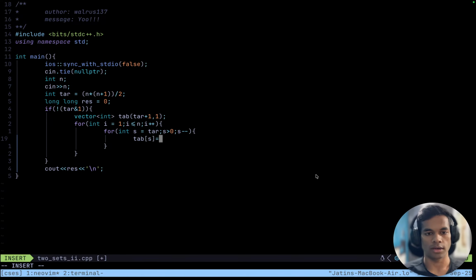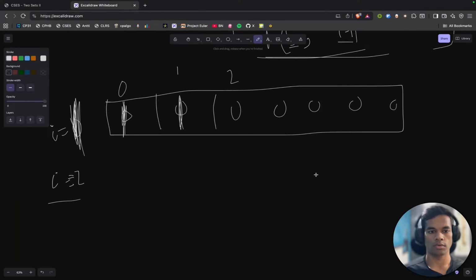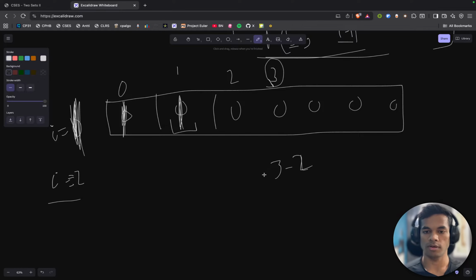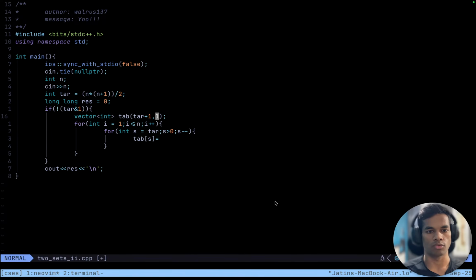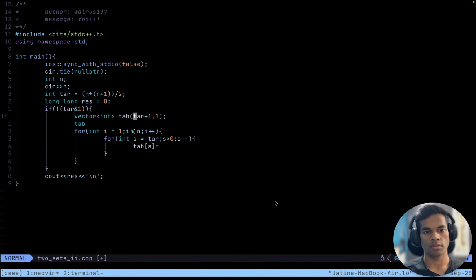Yep, and it should be equal to... if we are at sum 3, so 3 minus 2, whatever the value is there, plus... yeah, so that is cool. You can say initially when we are not using anything, there is only one way to reach that target.